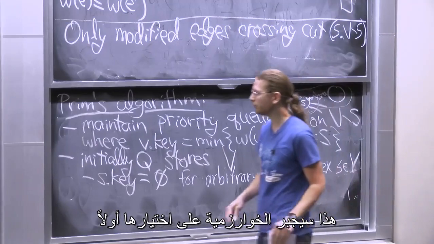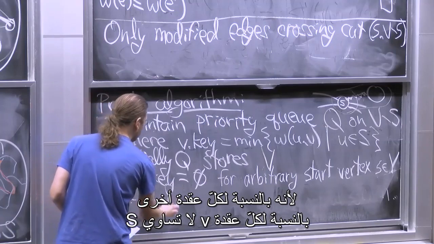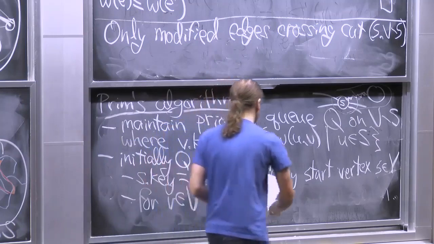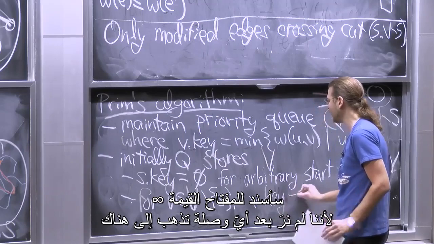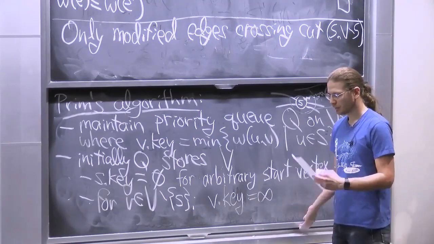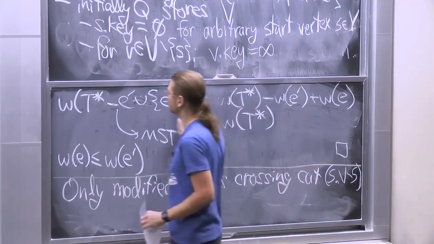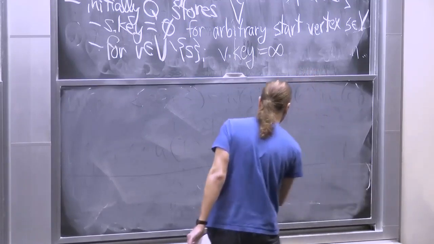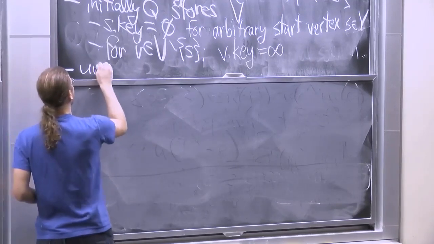That will force it to be chosen first, because for everyone else, for v not equal to s, I'm going to set the key to infinity, because we haven't yet seen any edges that go in there, but we'll change that in a moment. Okay, so that was the initialization.